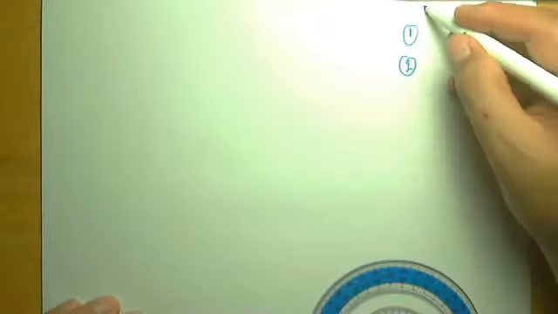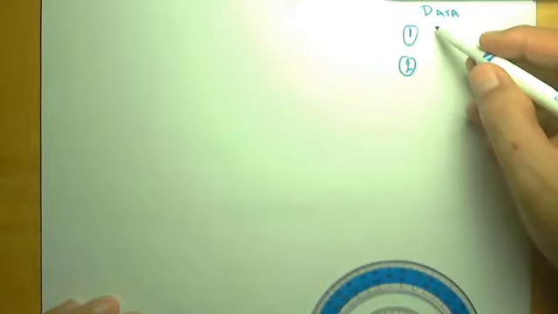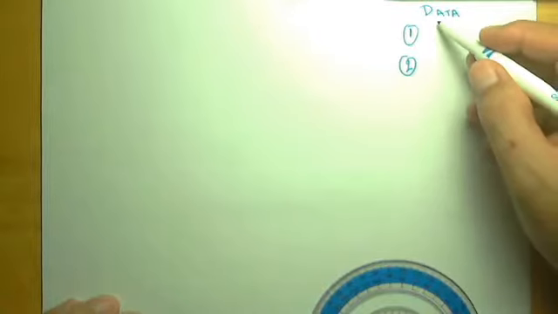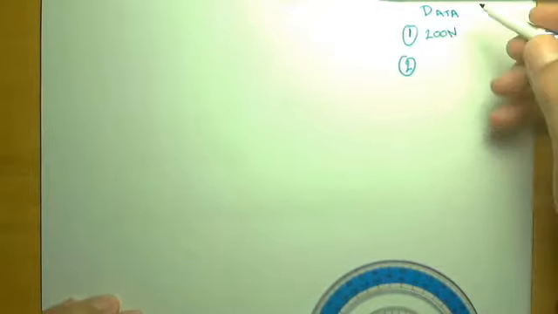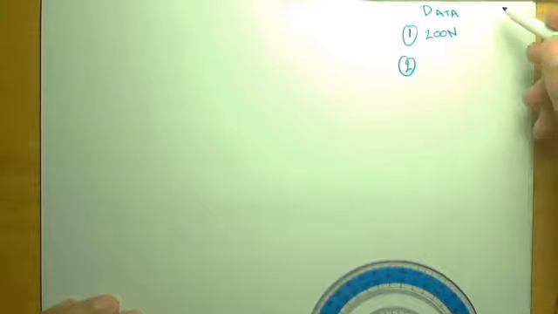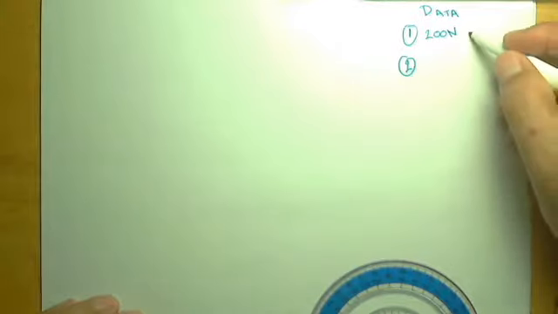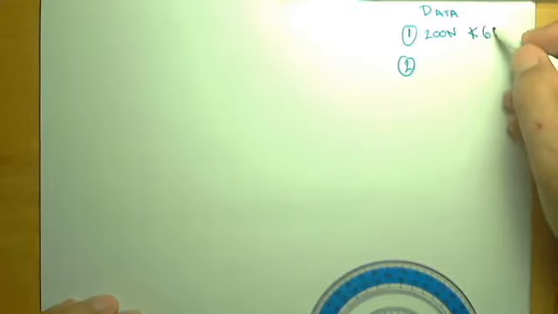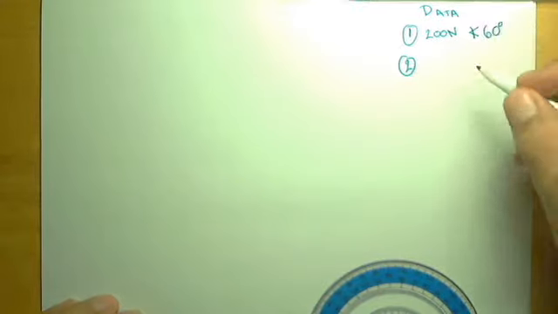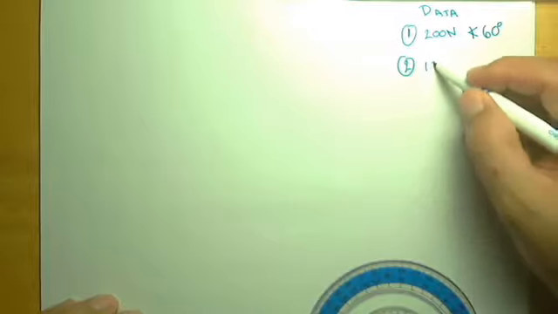Vector 1 is going to be 200 newtons, and those 200 newtons are in the first quadrant, and we have an angle of 60 degrees. On the other one, number 2, we will have 120 newtons.